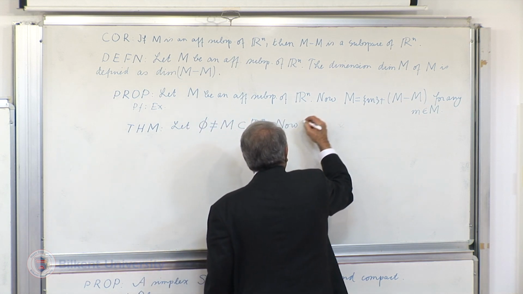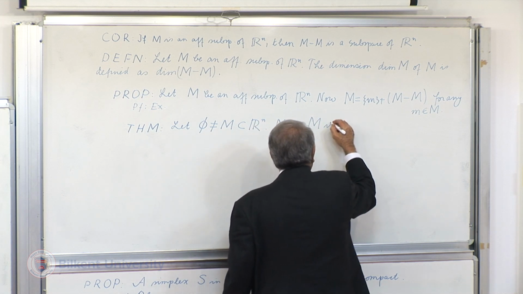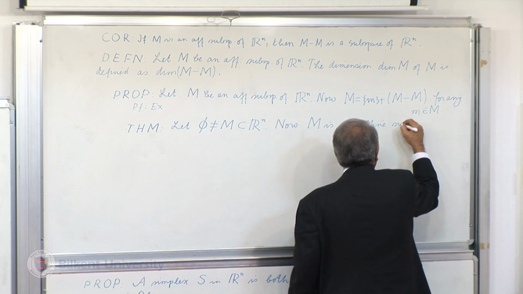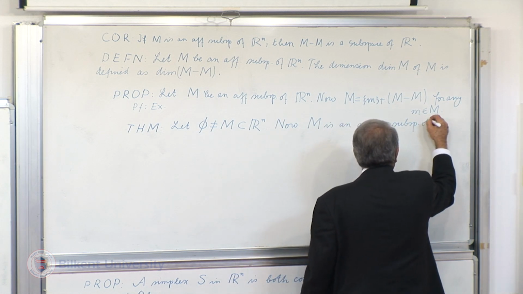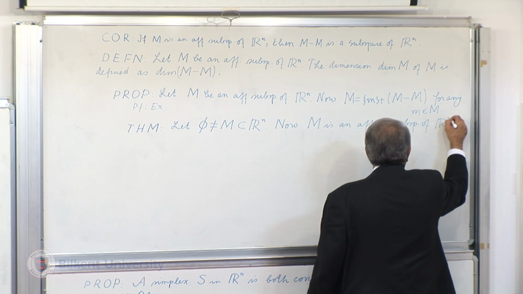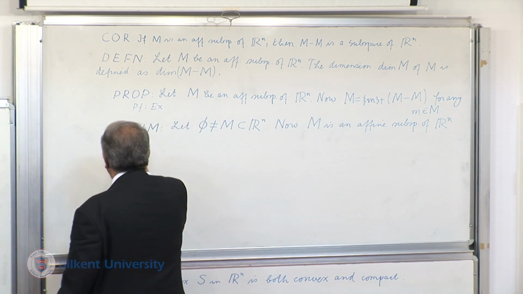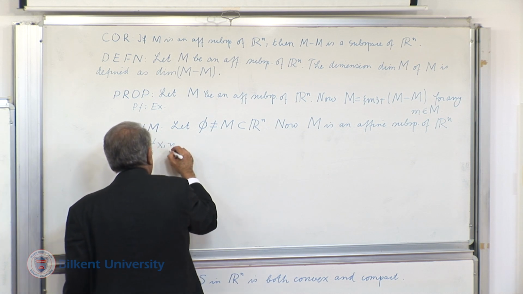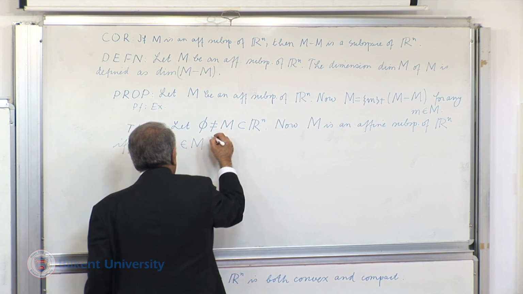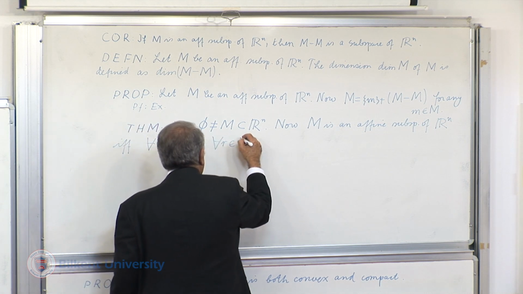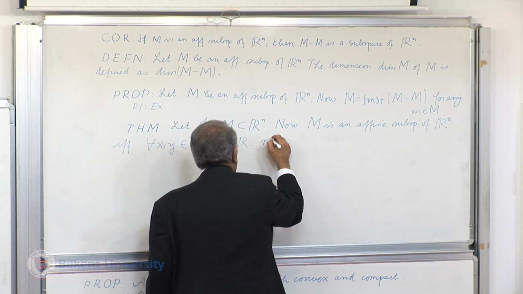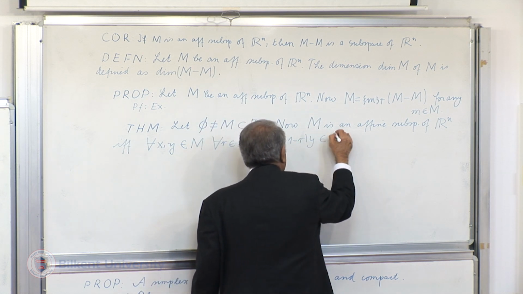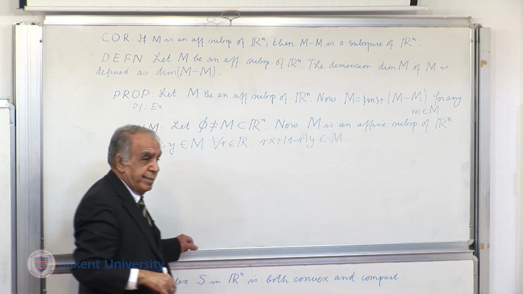Now, M is an affine subspace of Rn if and only if for all x, y in M and for all r in R, we have rx plus (1 minus r)y in M.